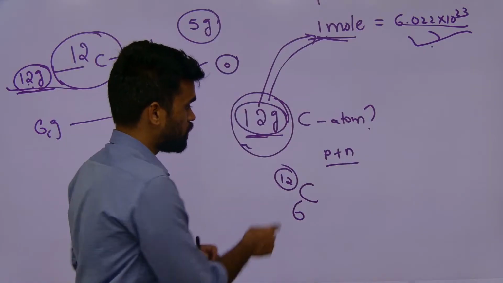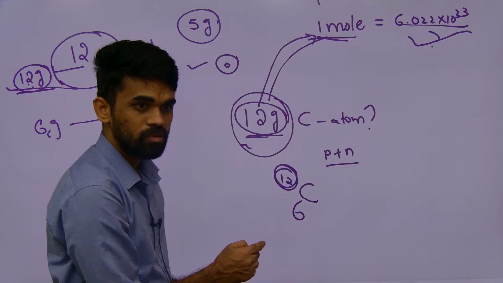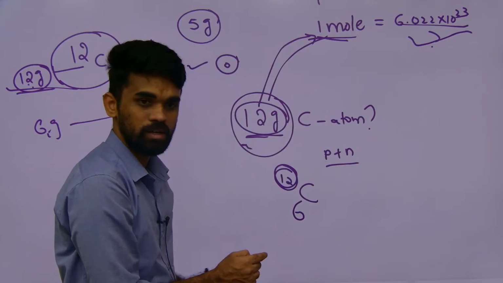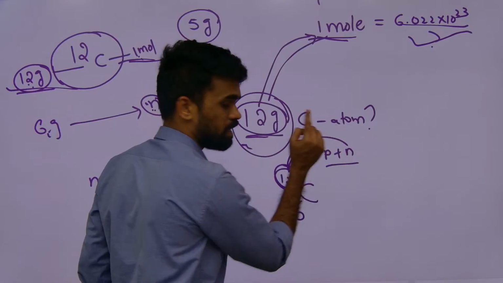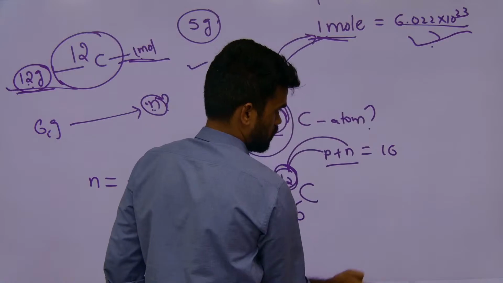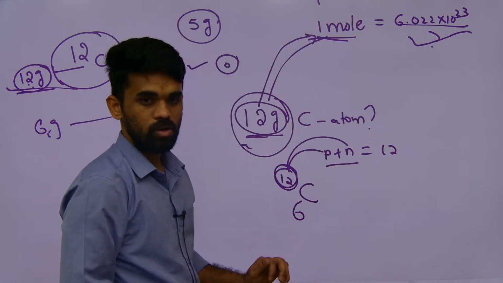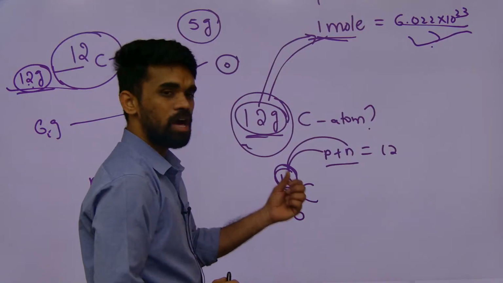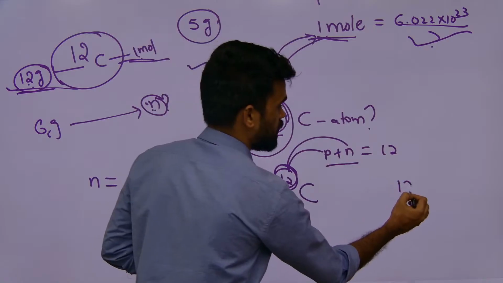Now, the number you are seeing is 12. What does this 12 indicate? The mass number of carbon. It means carbon contains 6 protons as well as 6 neutrons, so the overall sum is 6 plus 6, 12. That is its atomic weight. The molar mass is also 12, but you should express that in terms of grams.